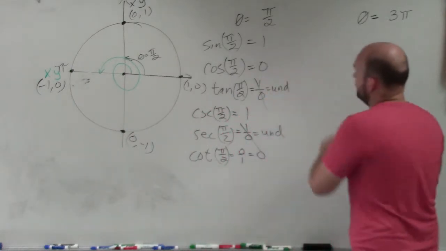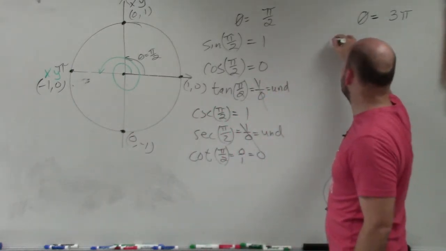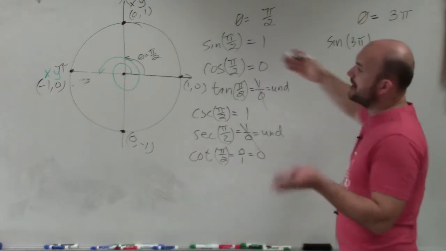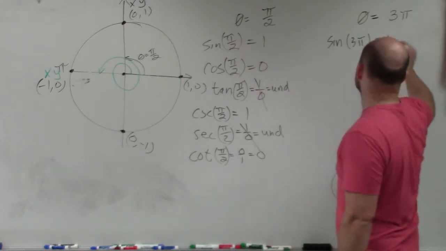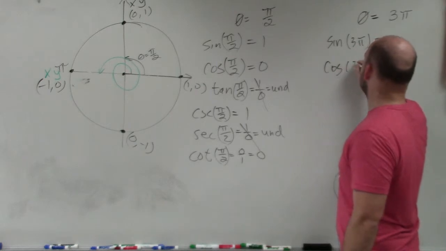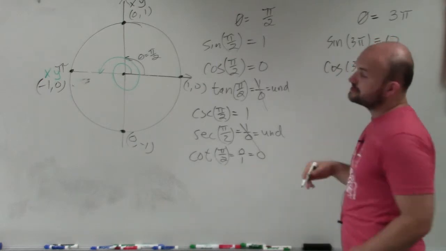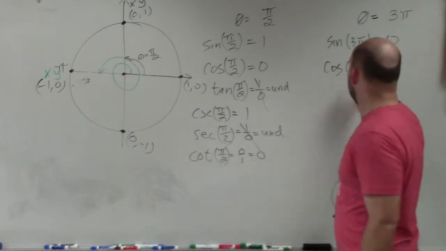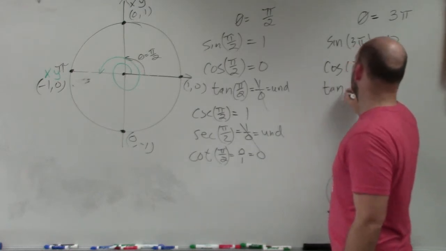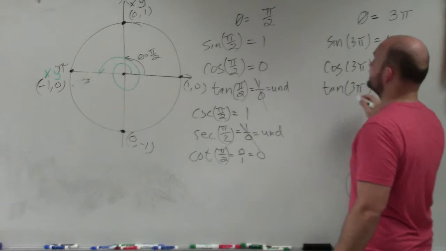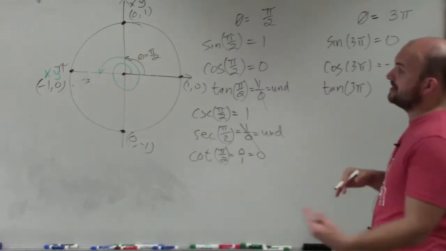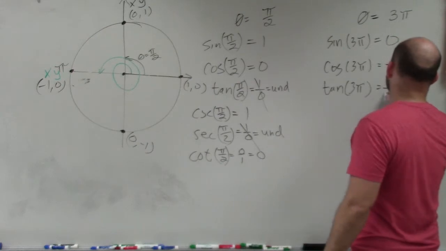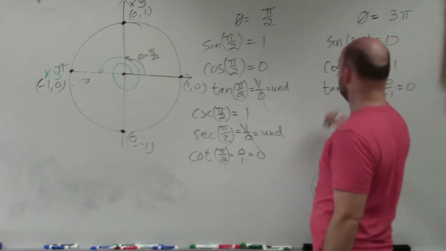Now to evaluate sine, cosine, and tangent: sine of 3 pi again represents the y coordinate, which in this case is 0. The cosine of 3 pi is the x coordinate, which in this case is -1. My tangent of 3 pi is, again, y over x, which is 0 over -1, which is just going to be 0.